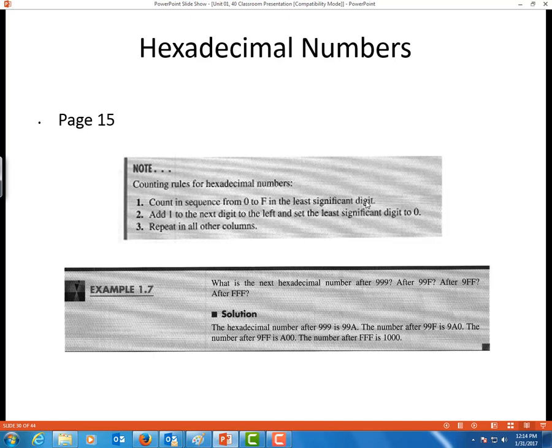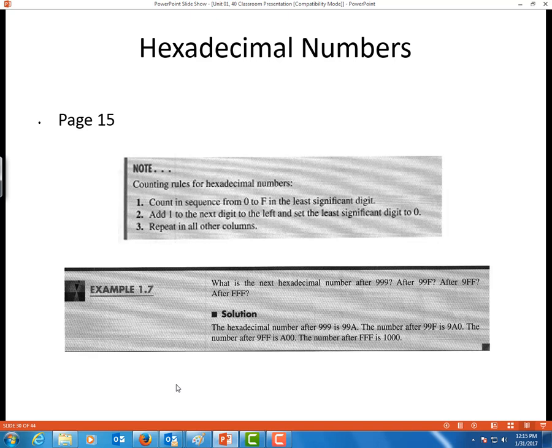That's the rightmost digit, right? Now, once you've exhausted that, to count to the next one, you add 1 to the next digit to the left and set the least significant to 0, and you do it all over again.